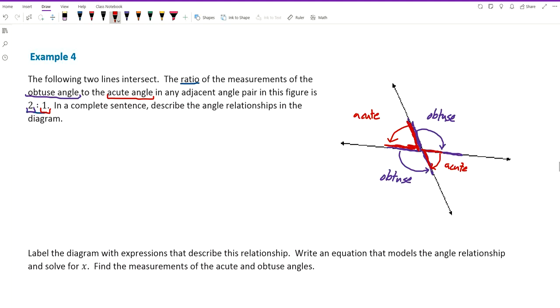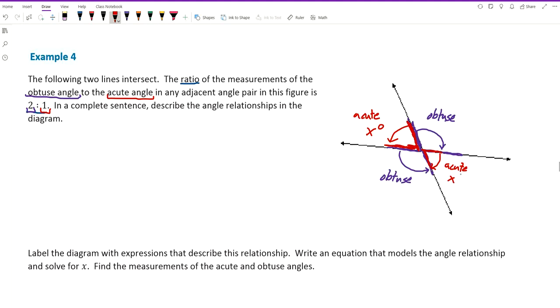All right, so let's actually talk about this ratio they give us. They give us the ratio of 2 to 1. Now, that means for every measurement of the acute angle, which is the 1, the obtuse angle is twice as much. But we don't know what the acute angle is. So here's what I'm going to do. I'm going to put in x degrees for the acute angle because I don't know what the actual measurement of the acute angle is. So x degrees.